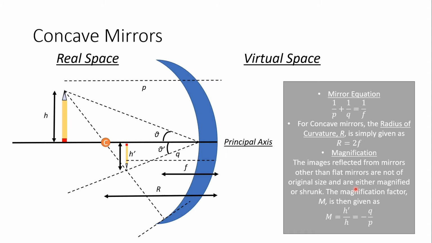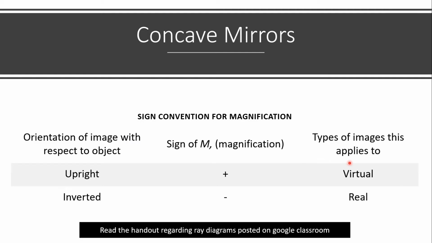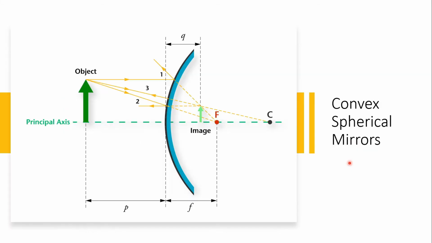The same principles apply to convex mirrors. So right here, again, you've got an object. For that object, you will first draw a line that is perpendicular to the surface of the mirror. So it's this 3 here, that's perpendicular.